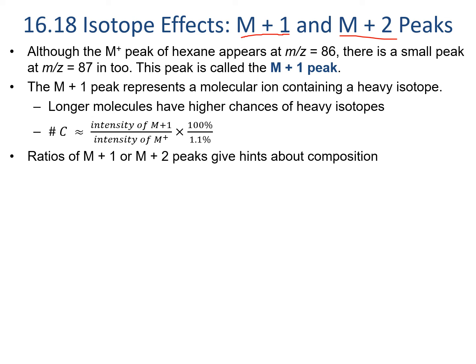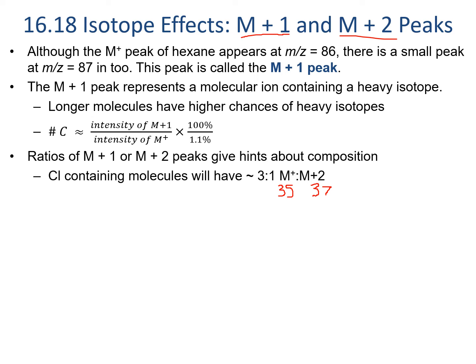We can also get a lot of information if we see mass plus 2 peaks, because mass plus 2 peaks often come from halogens. Chlorine has both a 35 isotope, which is more common, and a 37 isotope, which is 2 higher and about a third as common, so we'll always see the mass plus 2 peak at about a 1/3 ratio of the mass peak.